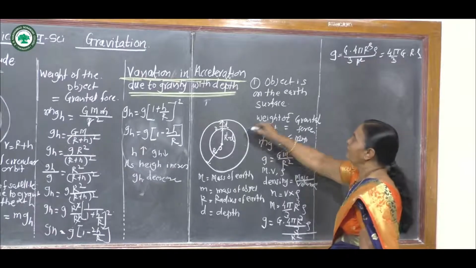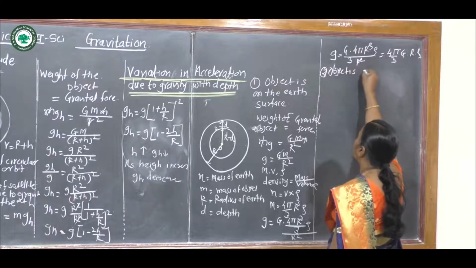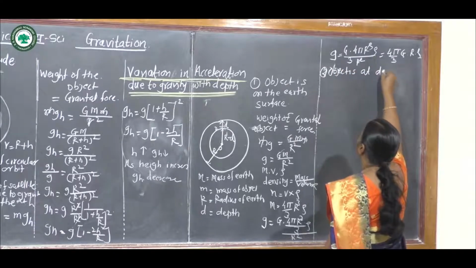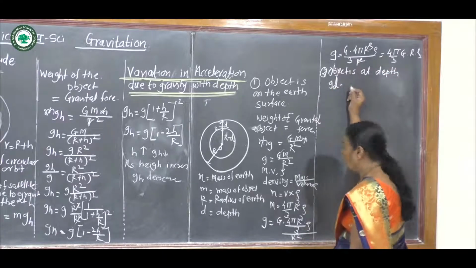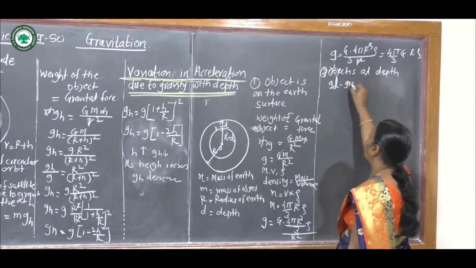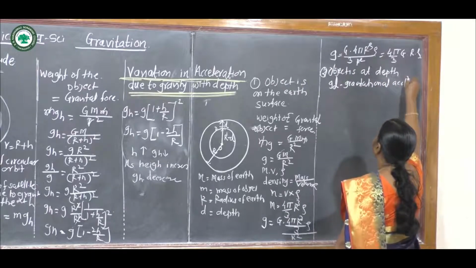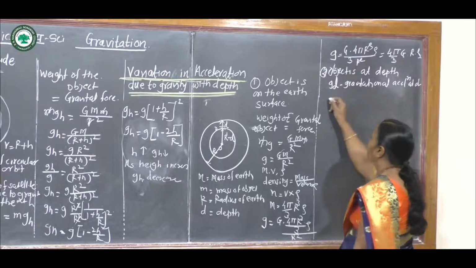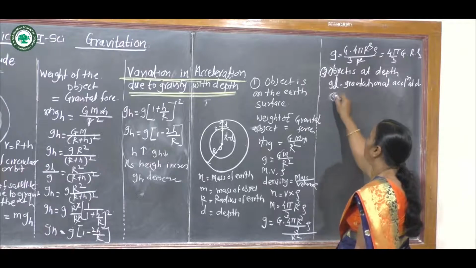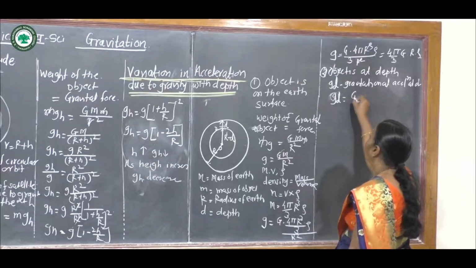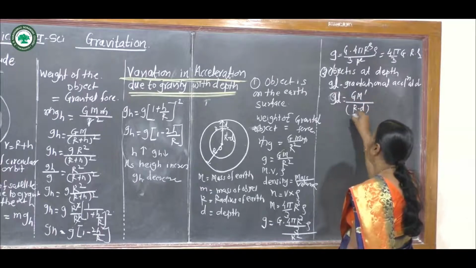Now consider the second case, the object is at the depth. g_d is the gravitational acceleration at depth. Then again g_d is equal to G M dash divided by R minus d bracket square.